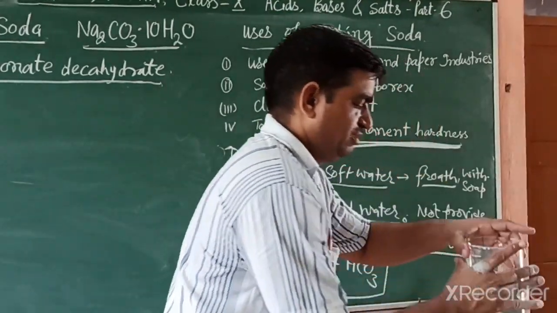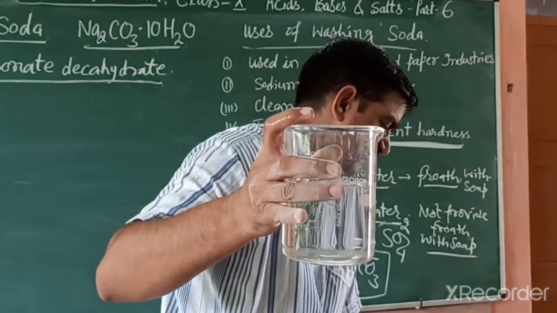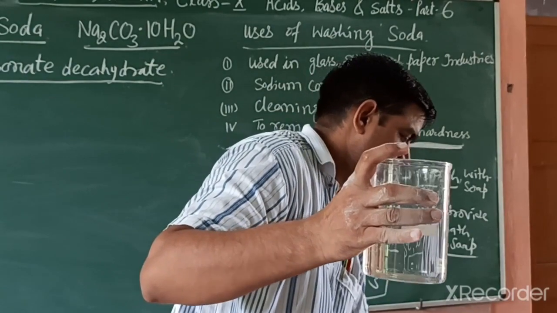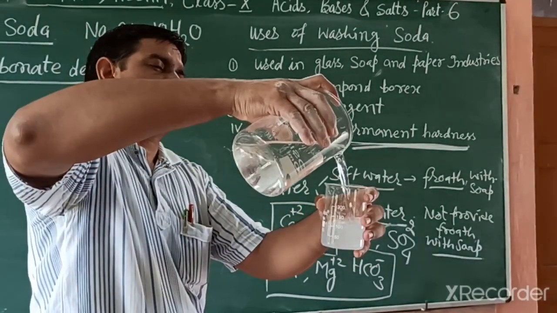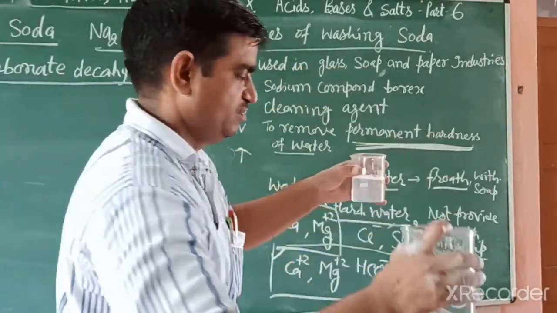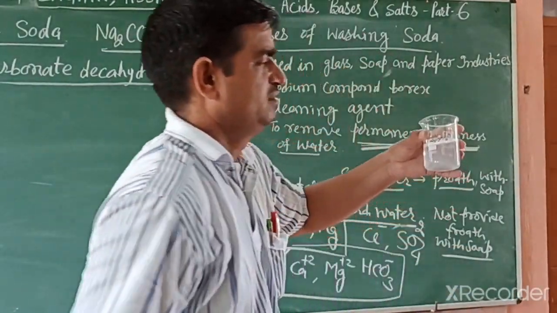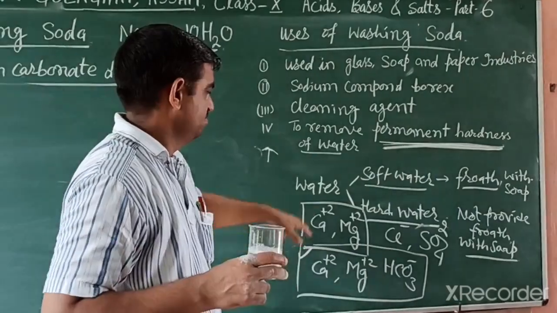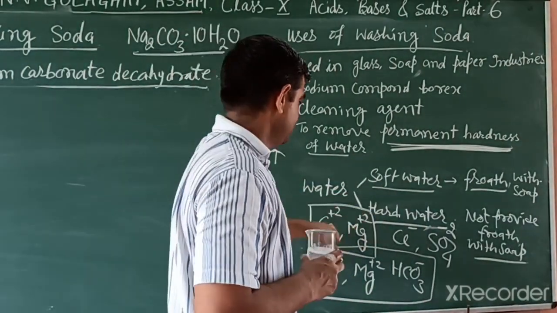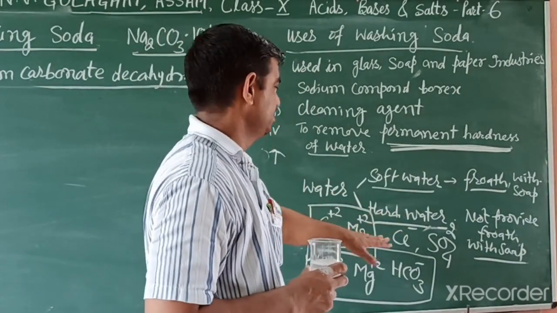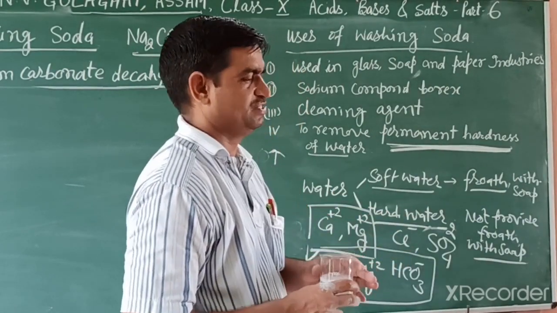So in another beaker we take water, and we want to make this water into hard water. So how can we make hard water? By mixing a chemical, because in hard water there are calcium or magnesium, either chlorides or sulfates.